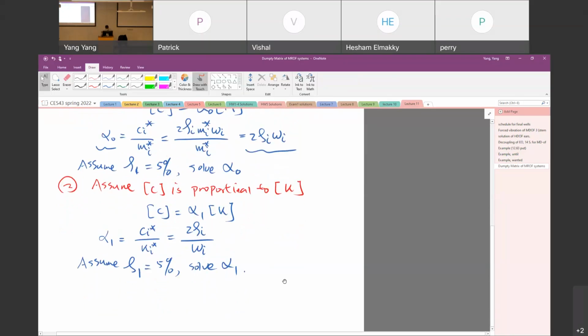So naturally, there will be a third one. The third one is called Rayleigh damping, and that's one of the most widely used.